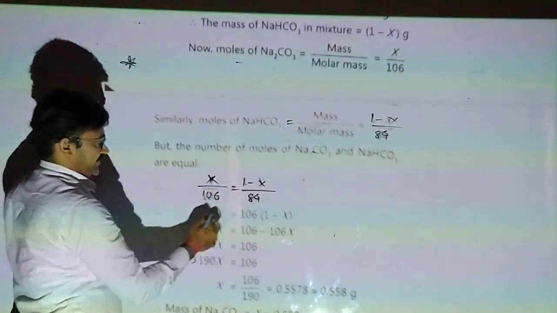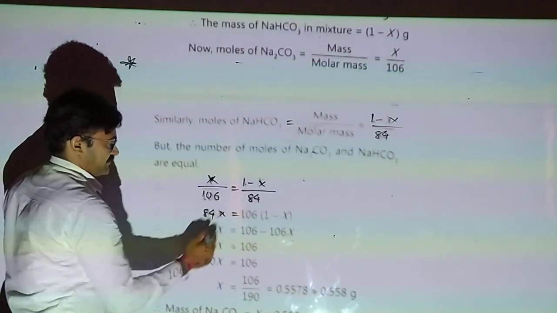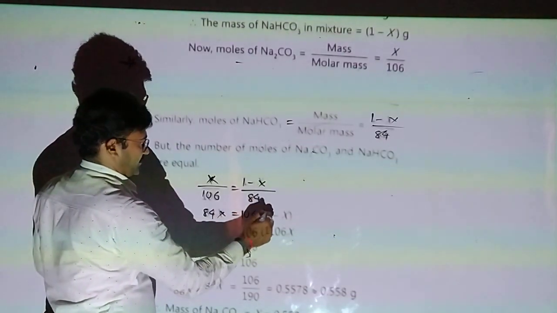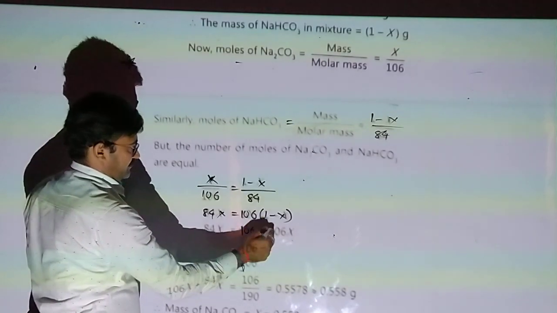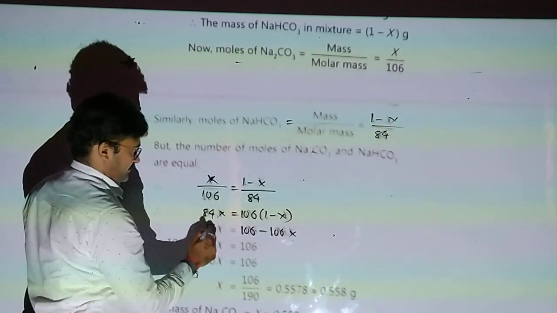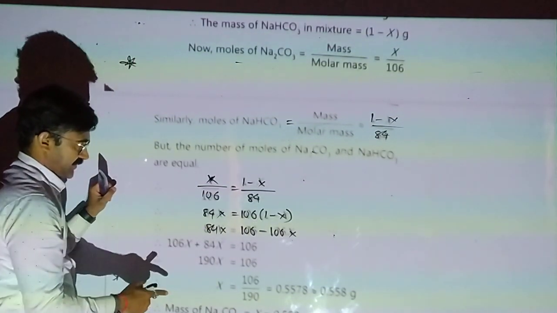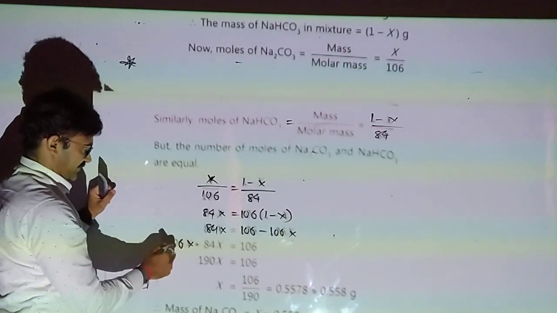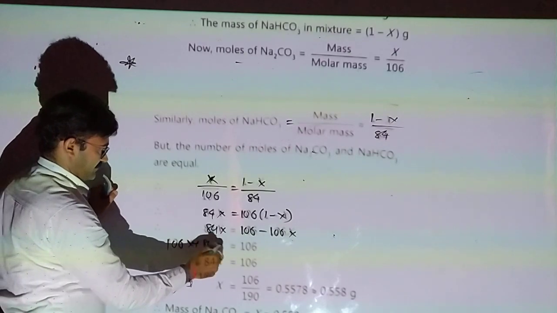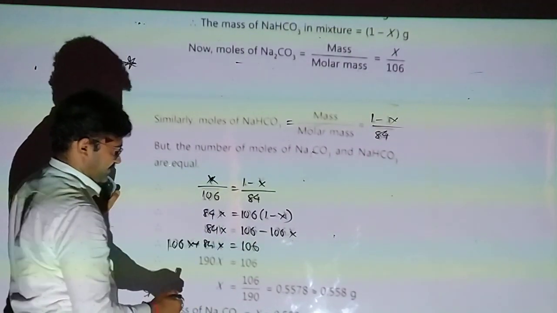So 84 into x, 84x, equals 106 into 1 minus x. So 106 minus 106x. So 84x plus 106x is equal to 106.